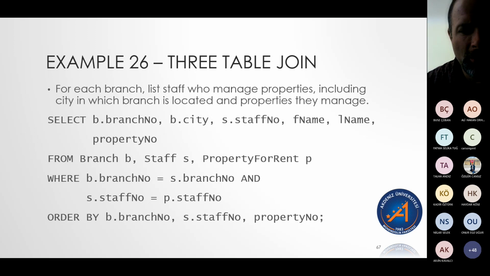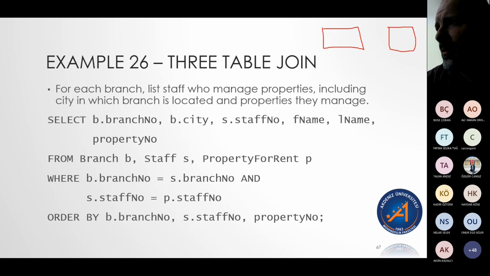But basically, if you look at what we're doing here, we have a table here, a table here, and a table here. The branch, the staff, and the property.